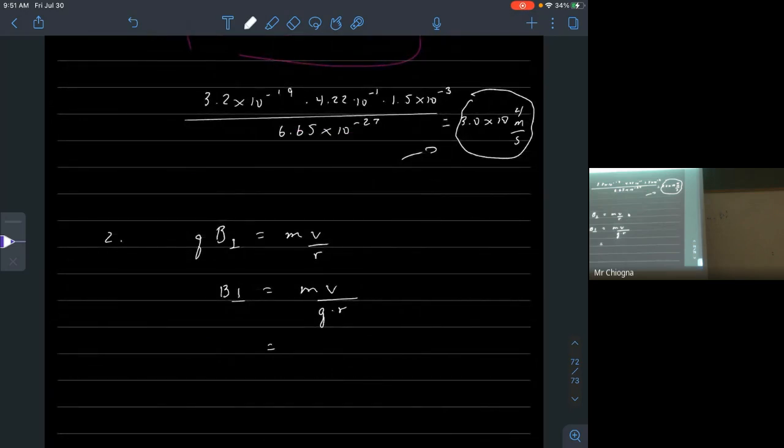It's a proton. Mass of the proton is given to you in your data table, 1.67. Speed, 5.4. And then the charge, you can look up as well. It's called the elementary charge.